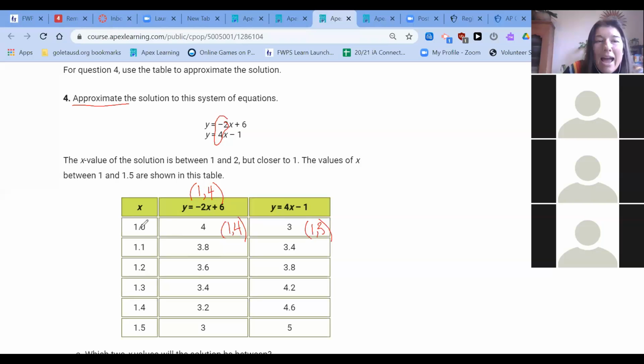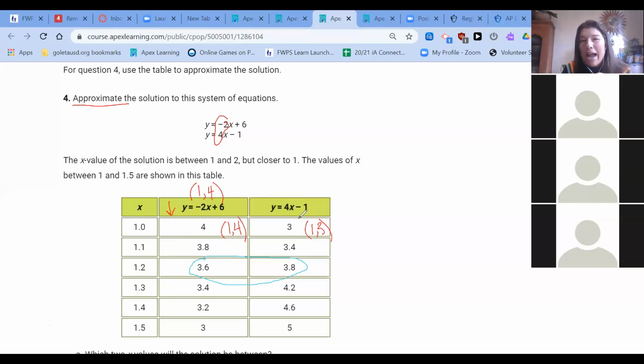As the x values increase, what do you notice about the y values? What are those y values doing? They're also increasing. Let's see. We go from 4, 3.8. Some of them are decreasing though. Good. So in that first equation, our y values are actually decreasing. All of them are, because the slope is negative.